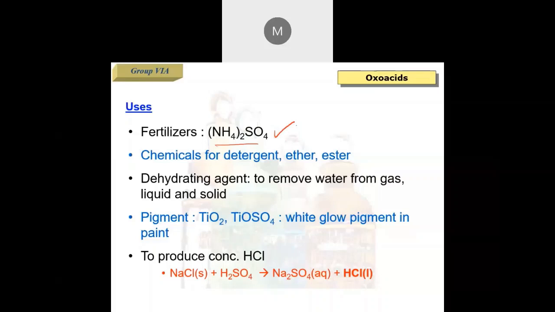Can you suggest? Or are there any pros and cons of using ammonium nitrate in comparison with ammonium sulfate? Or any advantages of using either one of them? Please comment in the comment section.